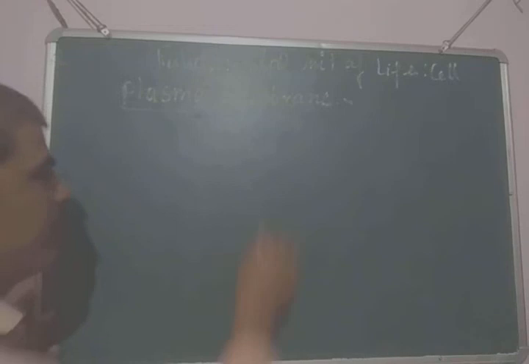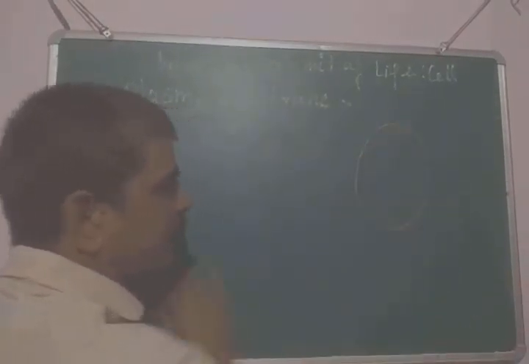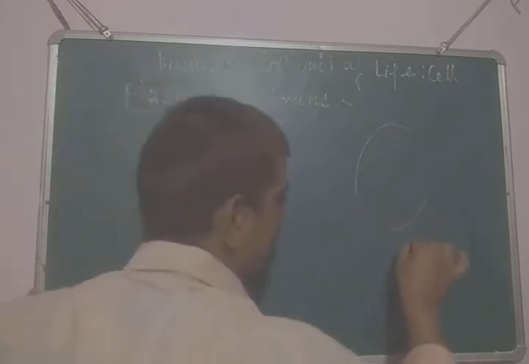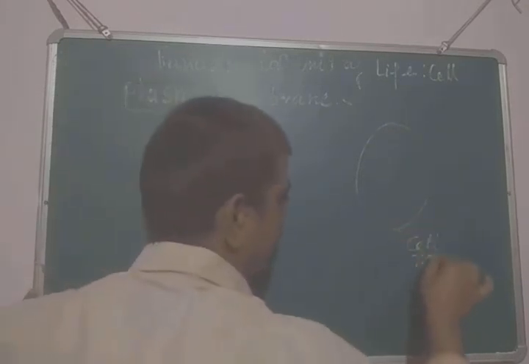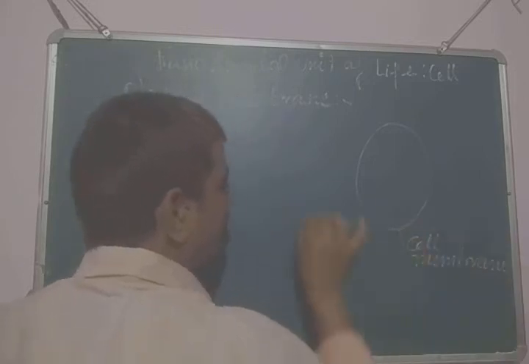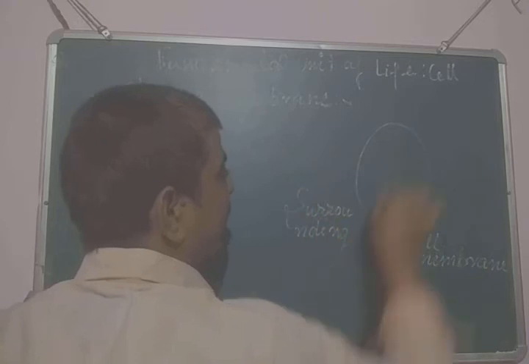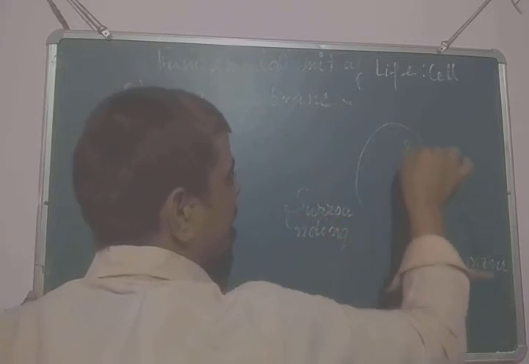Dear students, this plasma membrane protects the cell and its organelles from the external environment. See here, suppose this is an example of a cell, then this will be the cell membrane. Outside there is the surrounding, and inside there are cell organelles.